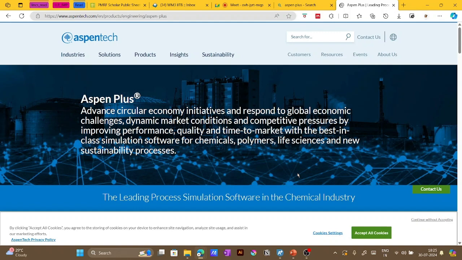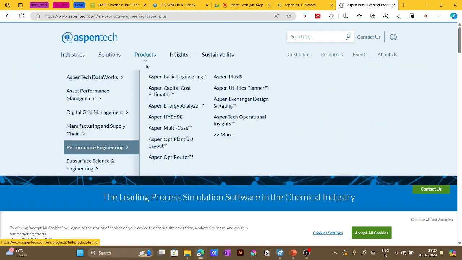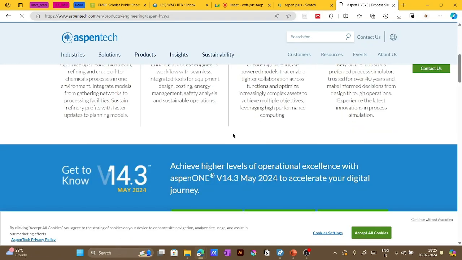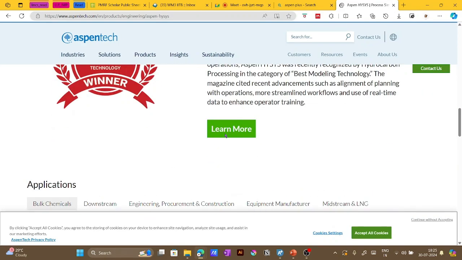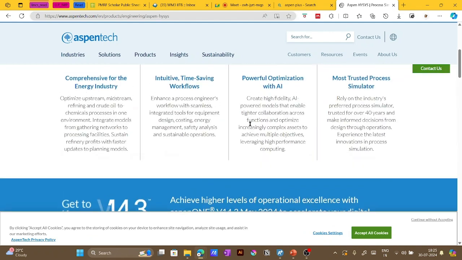So it has more control and optimization parameters. You can also check out the other Aspen products and find the details of Aspen HYSYS, what things you can compute with it.